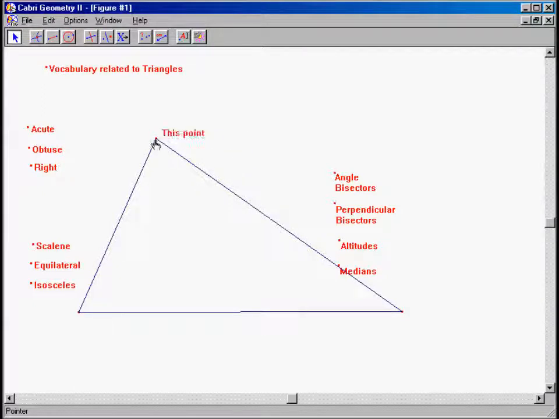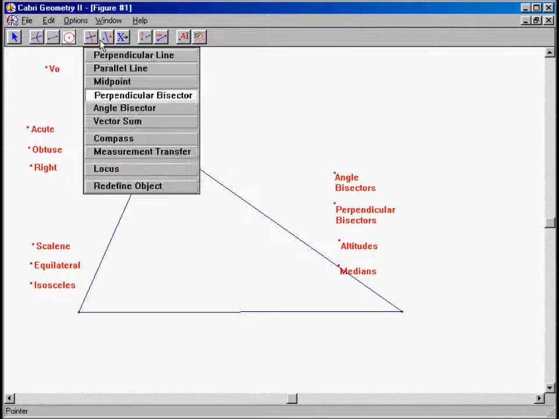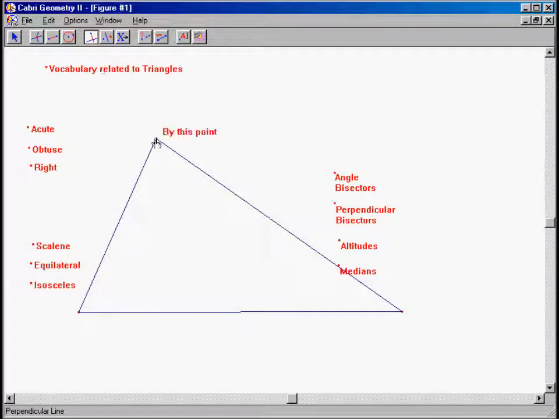So the altitude of this triangle is going to have to be on the straight and narrow, which we would call the perpendicular. So I need to make a perpendicular line from this point perpendicular to that side. The altitude here is going to be the distance from here to the point of this intersection.